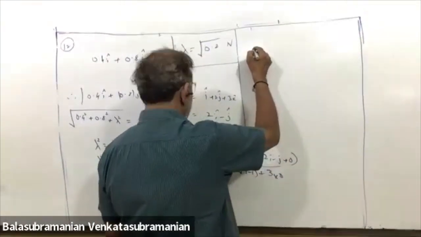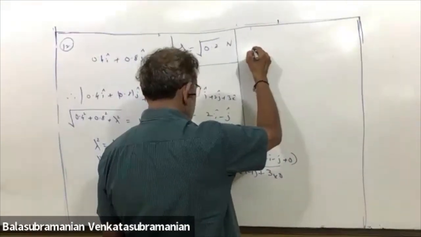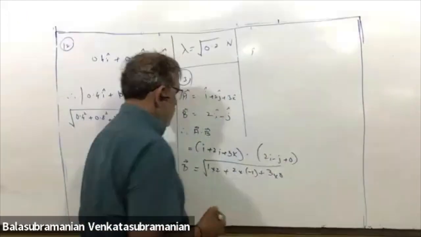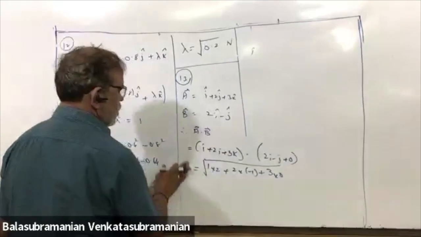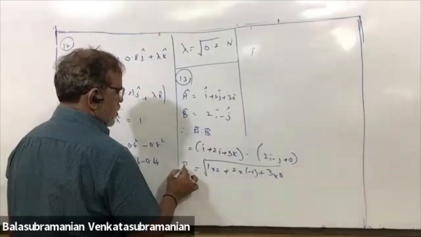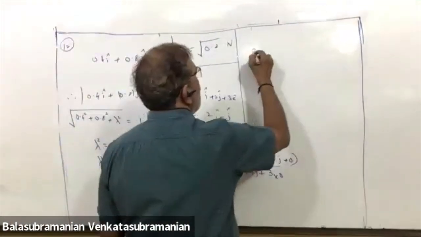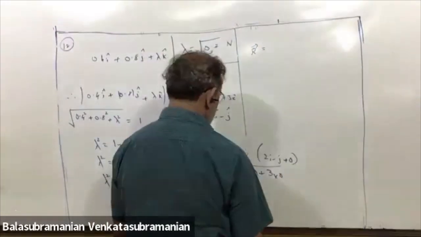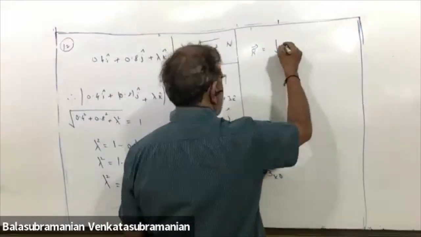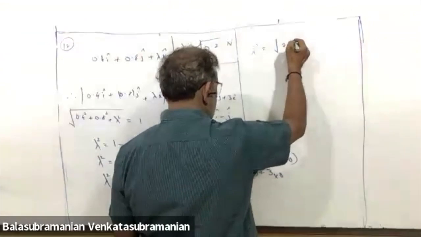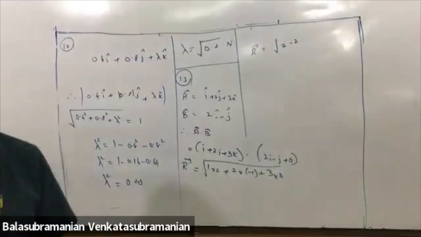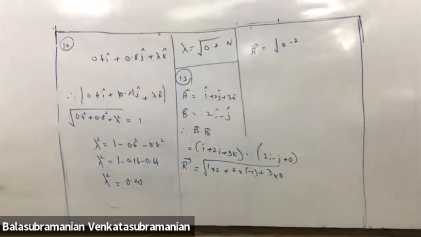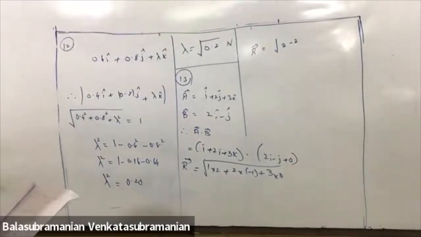So B will be R. R will be root of 2 minus 2, no root.